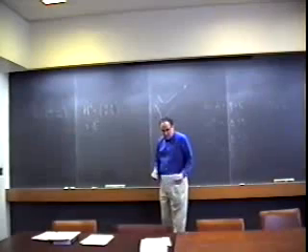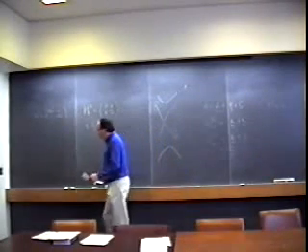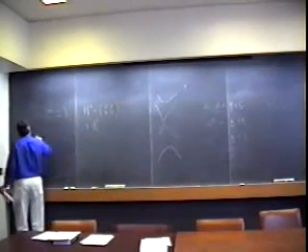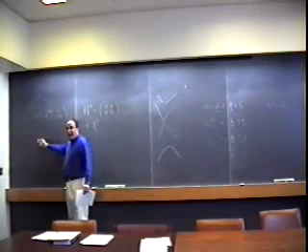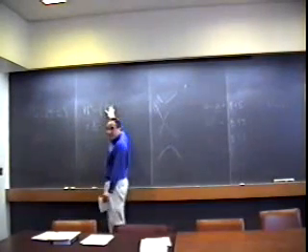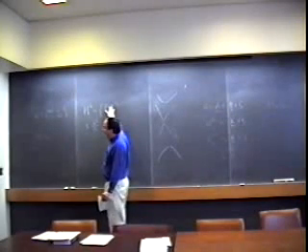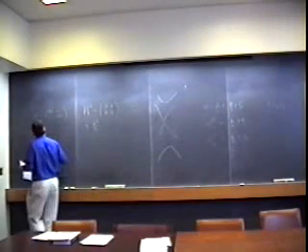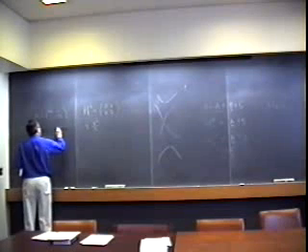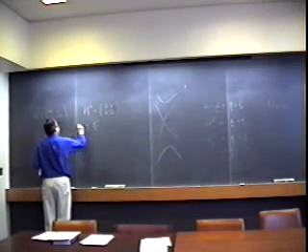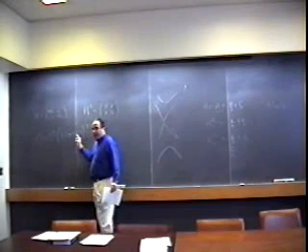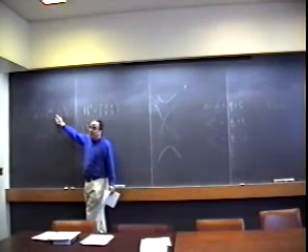So what I'm going to do is go to the basis set of the eigenvectors of this. Those are 1 over square root of 2 times |1> plus or minus |2>. Where these are the eigenvectors of this.